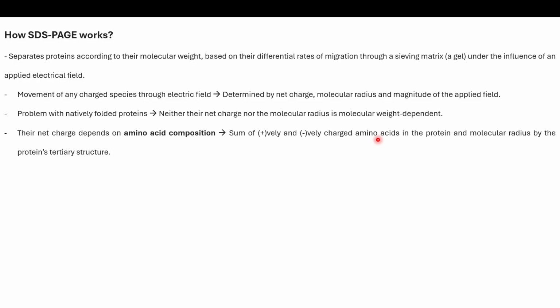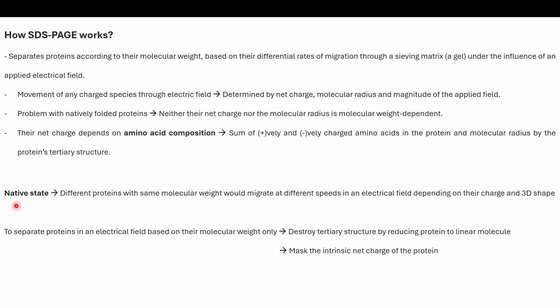It also decides the molecular radius, which is the protein's tertiary structure or the overall hydrodynamic radius. So in the native state, different proteins with the same molecular weight would migrate at different speeds in an electric field depending on their charge and 3D shape.